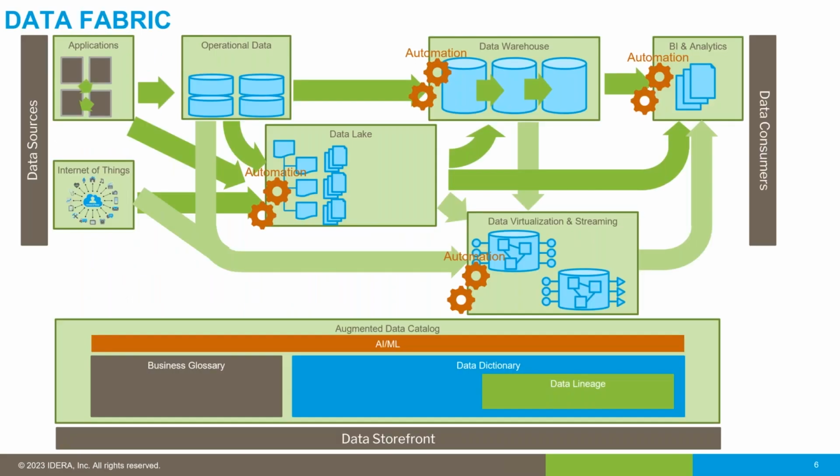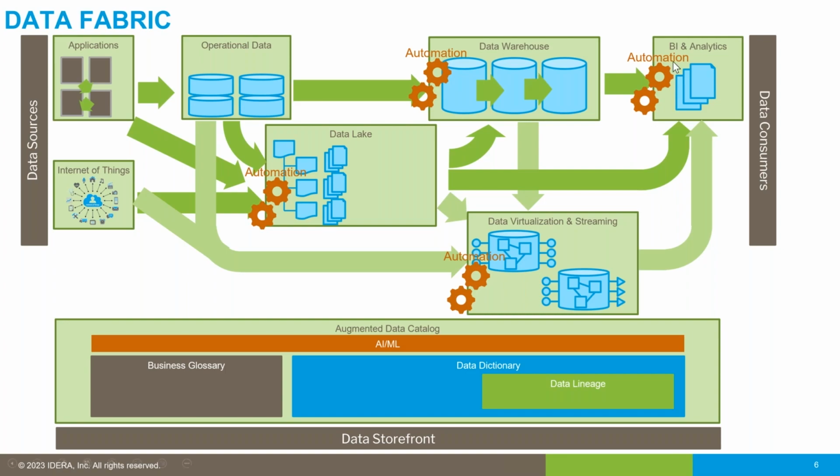Let's take a look at this diagram for just a moment, and let's try to better understand what the entire data fabric is all about. If I take a look at the data sources, here you can see the application data sources and operational data, where it's coming from, then it's going into a data lake, then into the data warehouse.